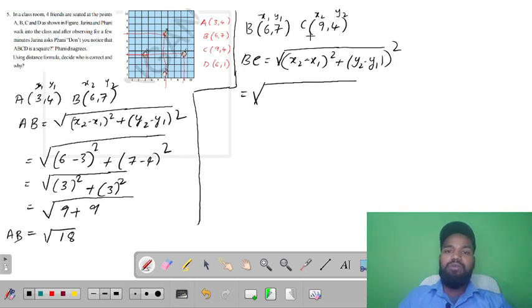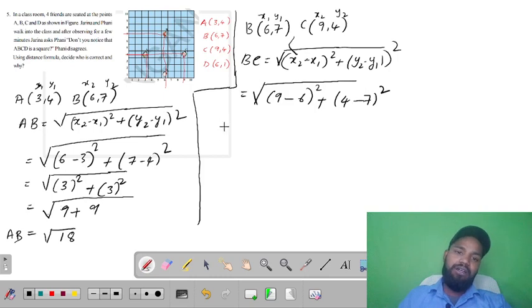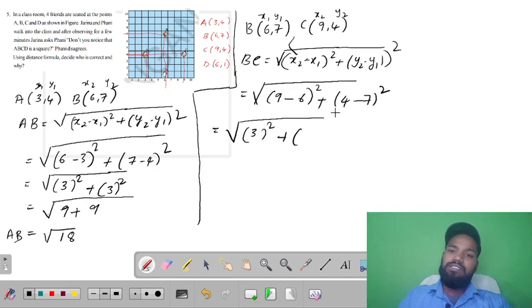Now what is x2 here? 9. What is x1 here? That is 6. Plus, what is y2 here? y2 is 4 and what is y1 here? 7. Now under root, 9 minus 6 is 3 whole square plus 4 minus 7 is minus 3 whole square.